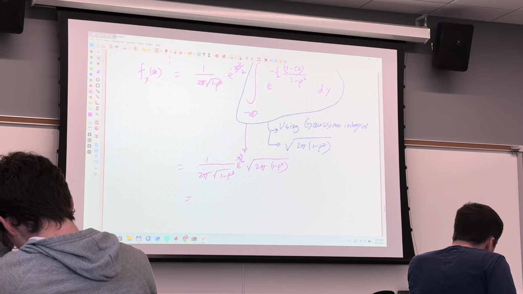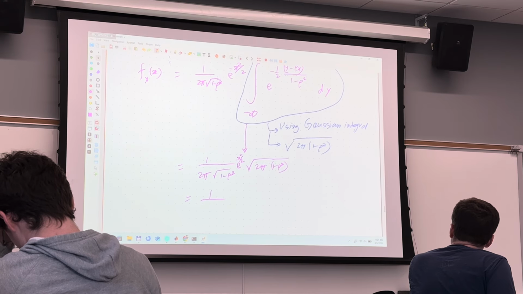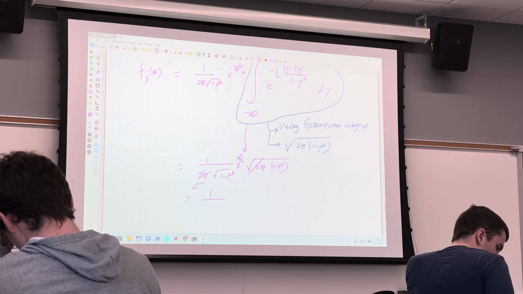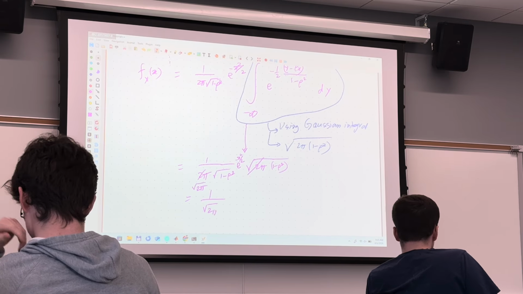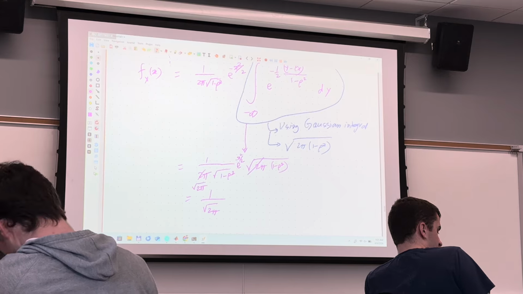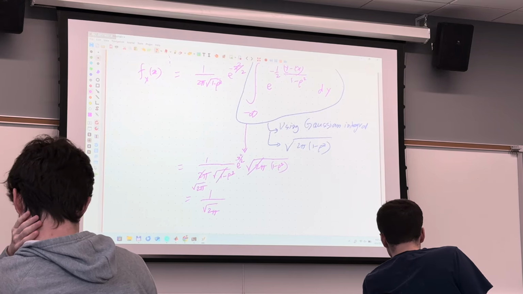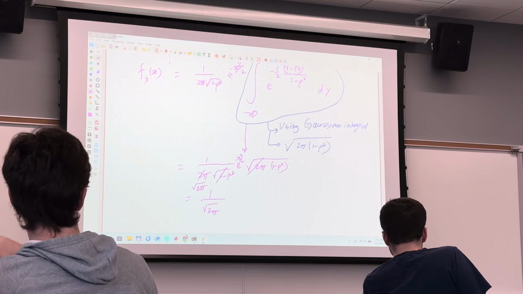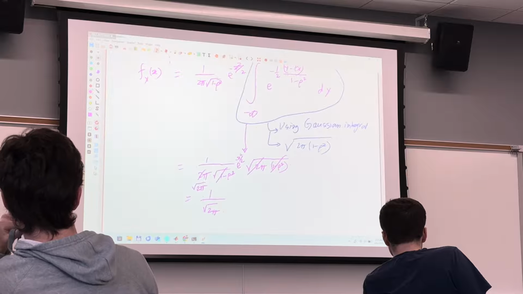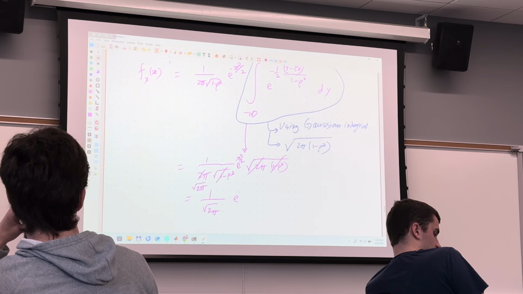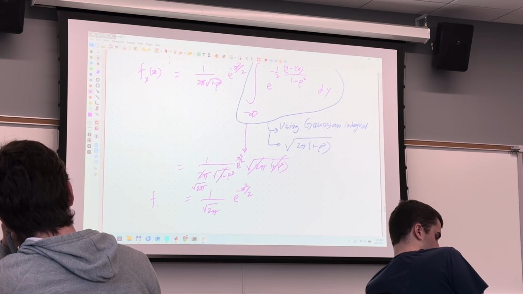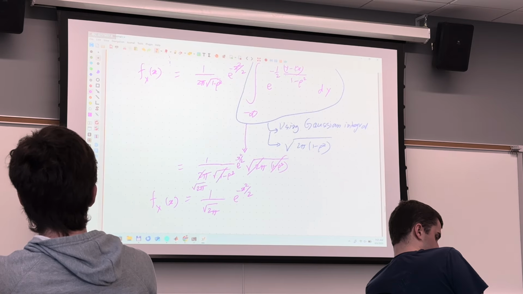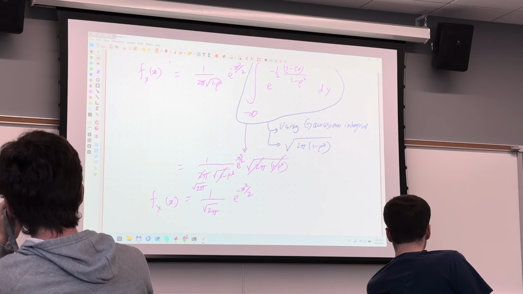So in the denominator you will have 2 pi, and in the numerator the square root of 2 pi, and square root of 1 minus rho squared appears in both. These two will disappear. Now you are left with e to the negative x squared over 2 over square root of 2 pi. So this is the final answer. f sub x is your final answer.